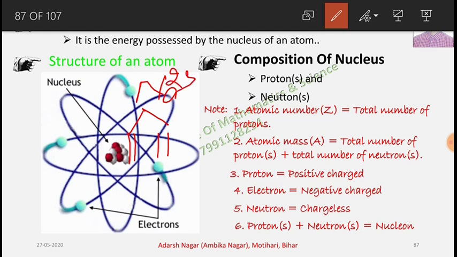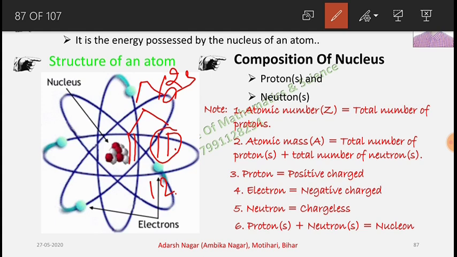In this, the total number of protons is 11 and the number of neutrons will be 12. So 11 plus 12 equals 23. So this is the mass number of sodium.